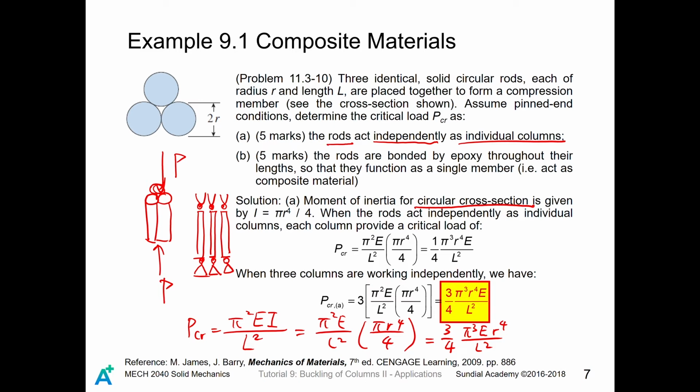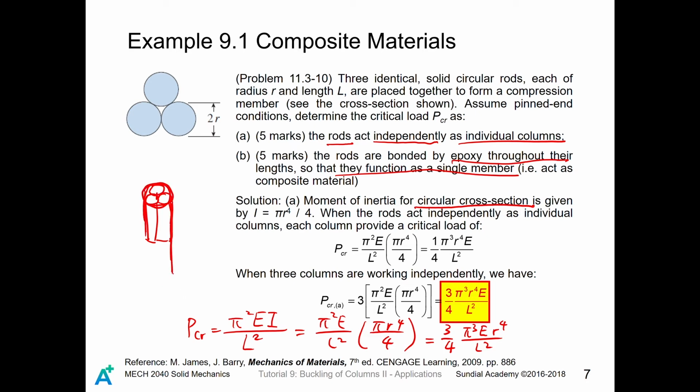Well, let's see another case where the rods are now bonded by epoxy and they function as a single member. The meaning is that now we are not dealing with independent columns. So assume now those 3 columns are bonded to become one tough material, just like this.